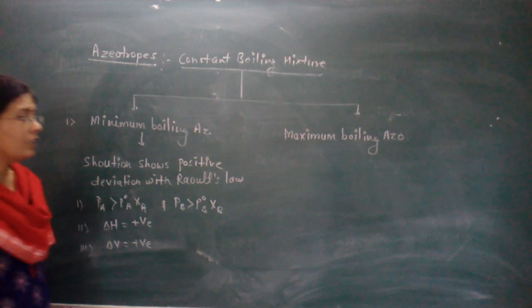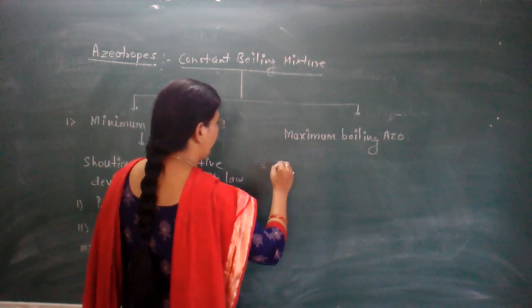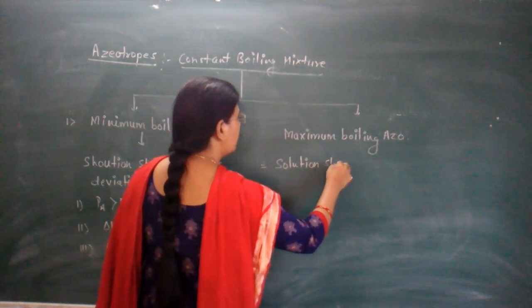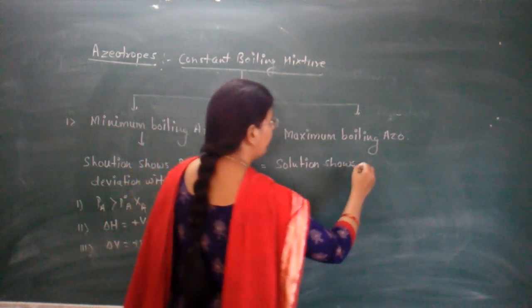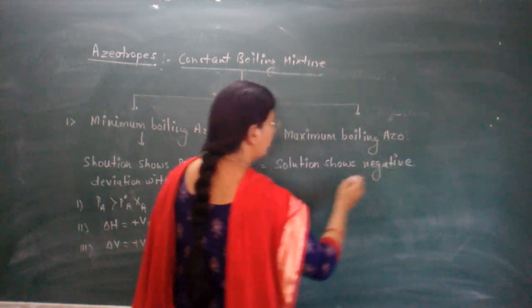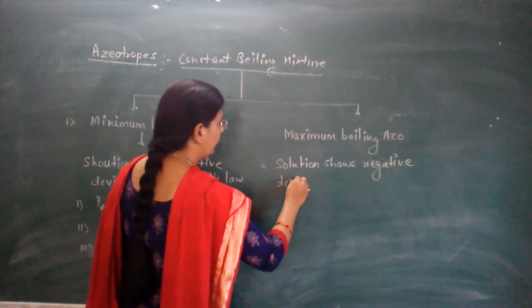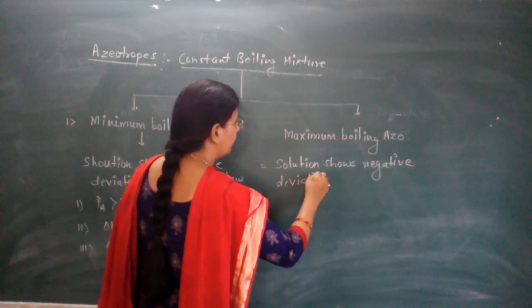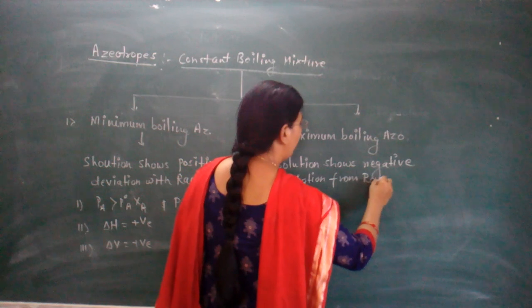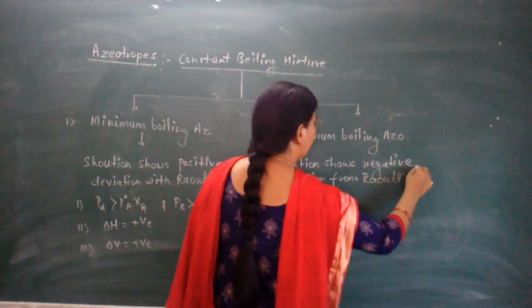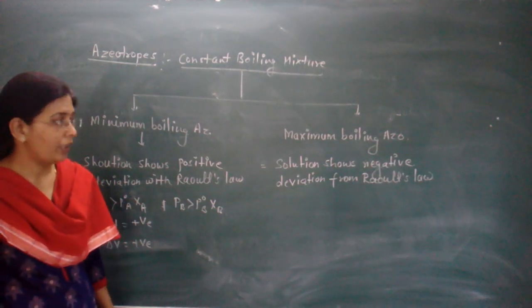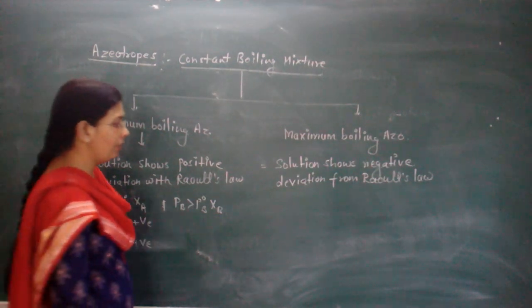And maximum boiling azeotropes, the solution which shows negative deviations from Raoult's law, forms maximum boiling azeotropic mixture. And what is the condition of negative deviation?